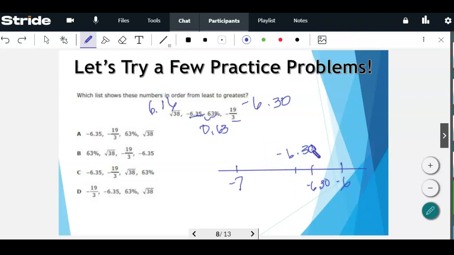Not exactly to scale, but this one is the smallest one. So we eliminate B and D. And then those are the same, so then we need to compare. Is it going to be 63% or square root of 38 next? It's going to be 63%.